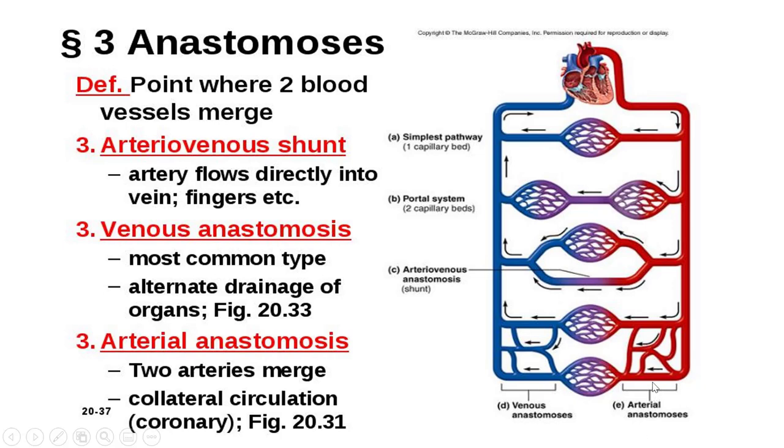You could still survive. And even with the heart, if one block is found in an anastomosis in the coronary circulation, then you know that there is collateral circulation that would feed the other side of the heart.